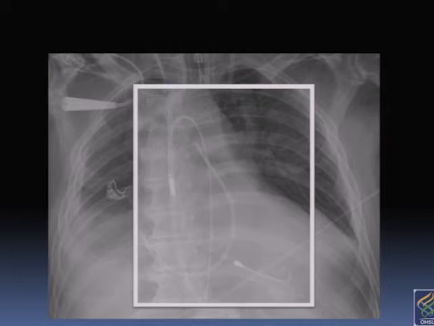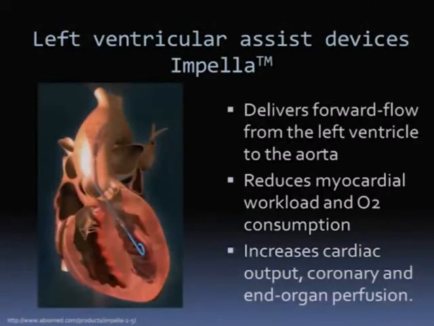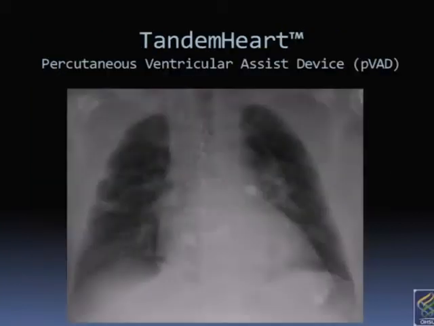So the two radio-opaque markers that you're seeing here should be placed below and above the expected location of the aortic valve. On a schematic, it delivers forward flow from the left ventricle into the aorta and therefore reduces myocardial workload and O2 consumption, but only if positioned properly.